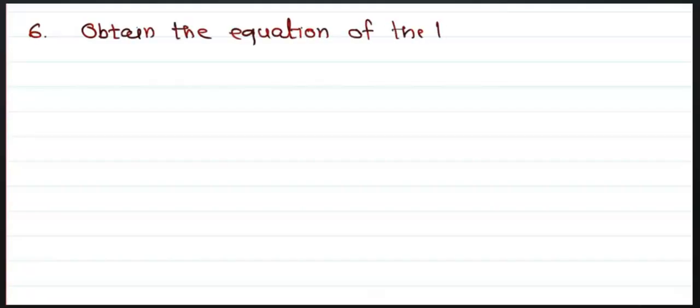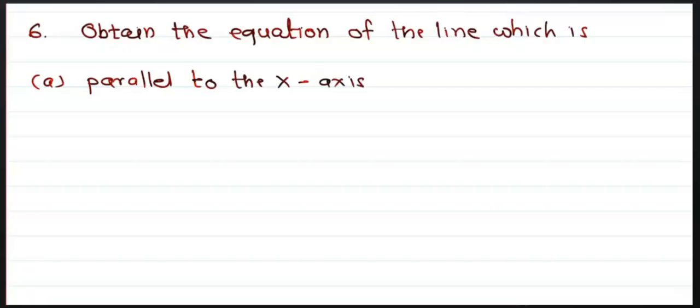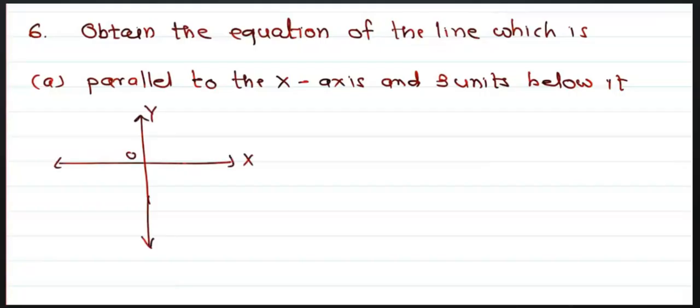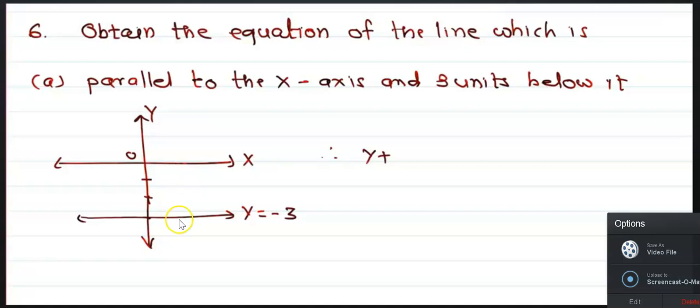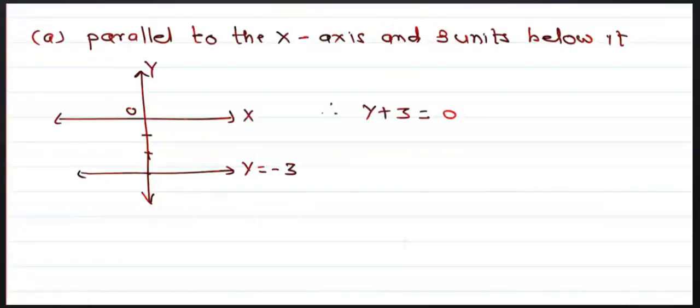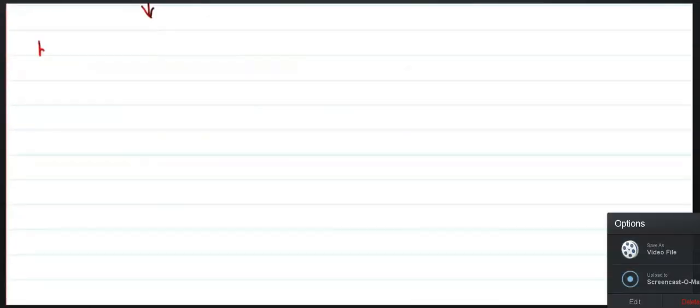Obtain the equation of the line which is parallel to the x-axis and 3 units below it. Now, parallel to the x-axis, and 3 units below the x-axis, therefore y is equal to minus 3. Therefore its equation is y plus 3 is equal to 0.